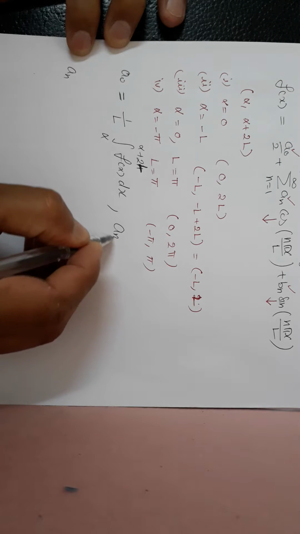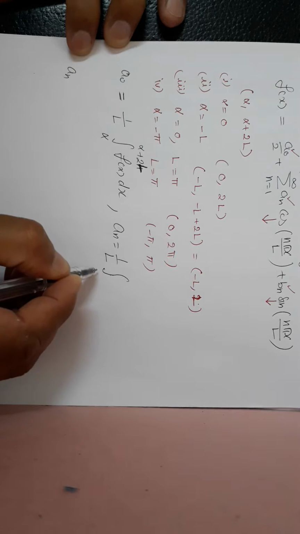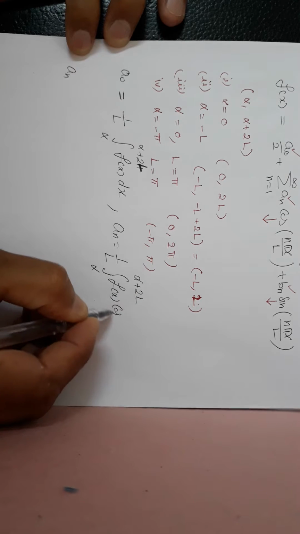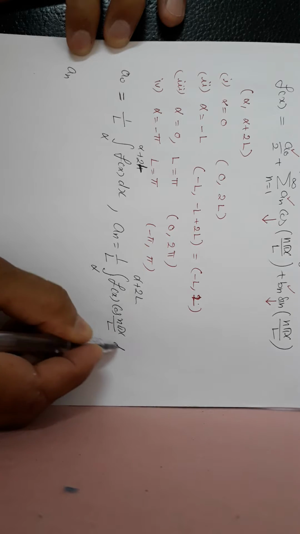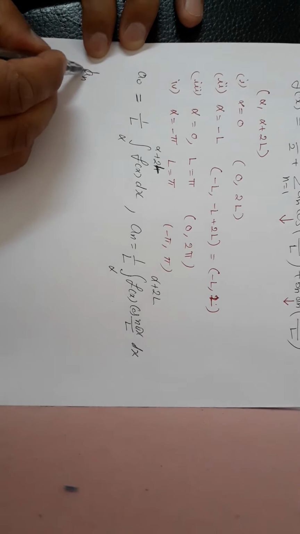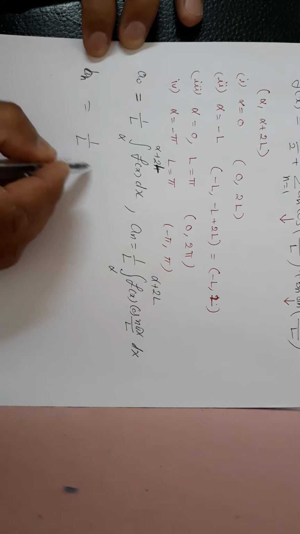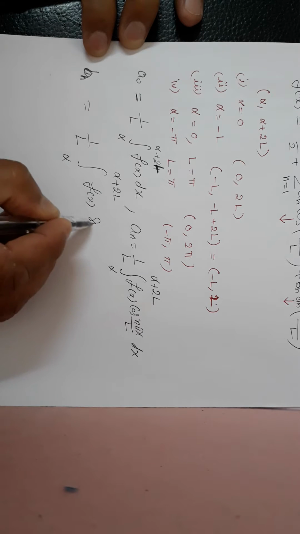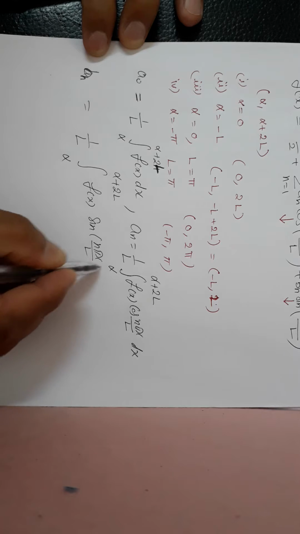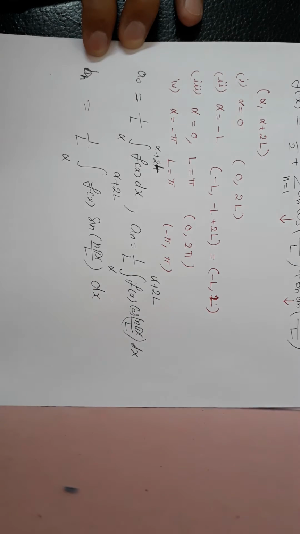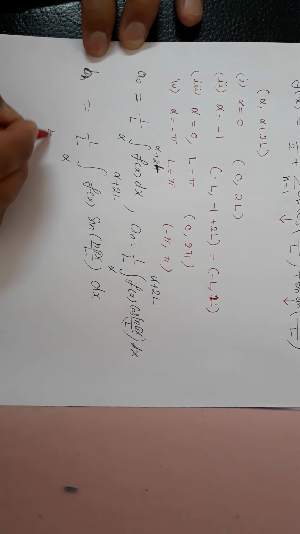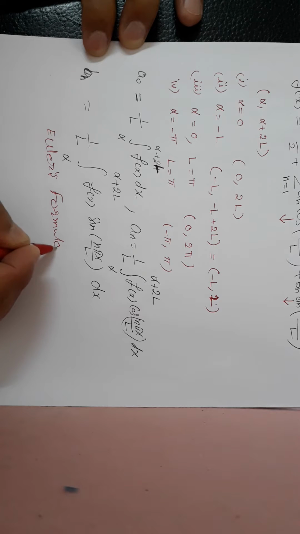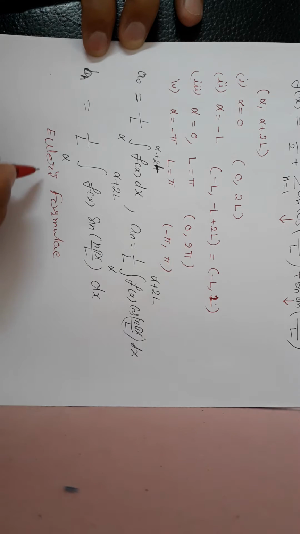The coefficient a_n is 1 upon l, integral from alpha to alpha plus 2l, f(x) cos(n pi x by l) dx, and this coefficient b_n is 1 upon l, integral from alpha to alpha plus 2l, f(x) sin(n pi x by l) dx. These are called Euler's formulae to find the Fourier coefficients.